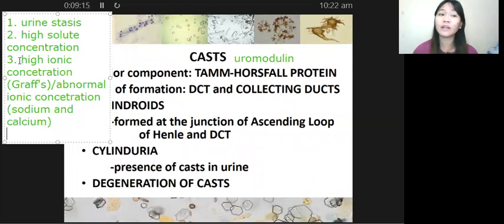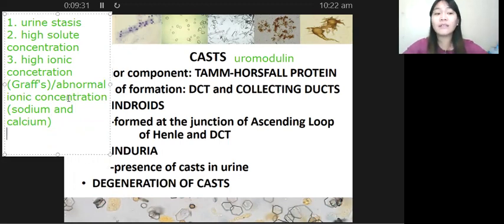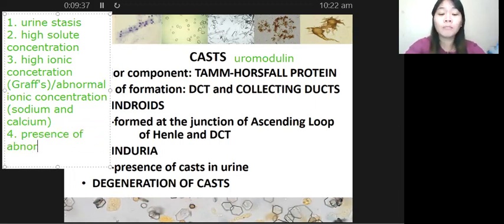If the ionic concentration is abnormal, this will promote the precipitation, the denaturation, the gelation of your proteins.